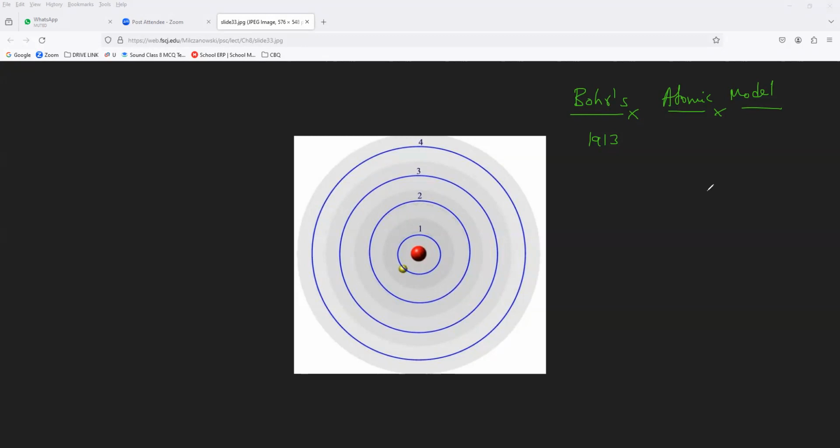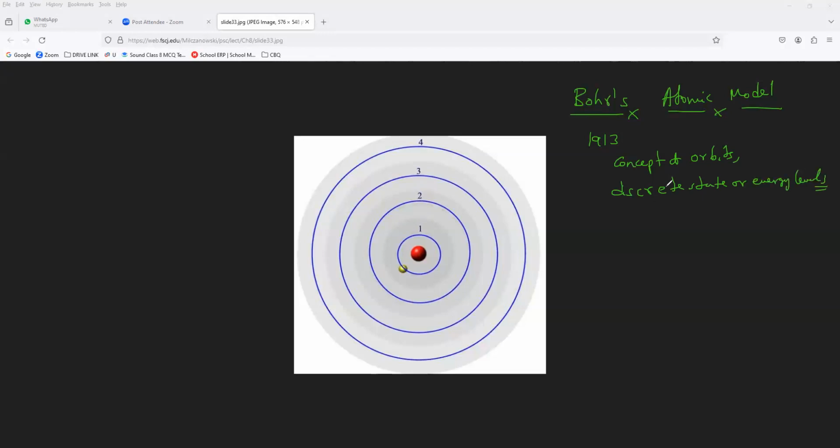To overcome that, Mr. Niels Bohr came with a concept of three things: orbits, and then discrete states, or what we used to call energy levels.